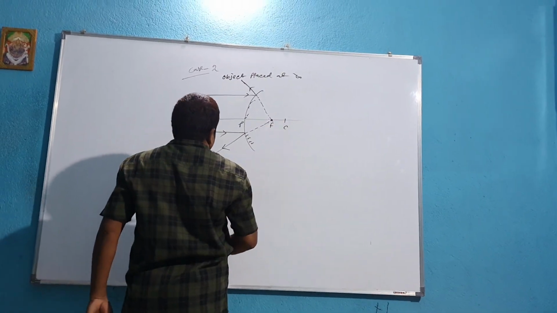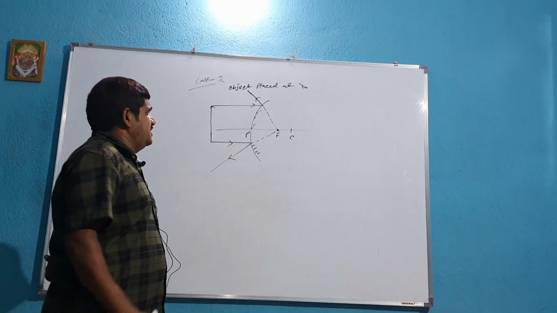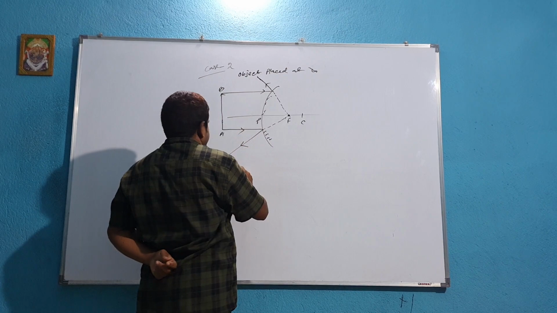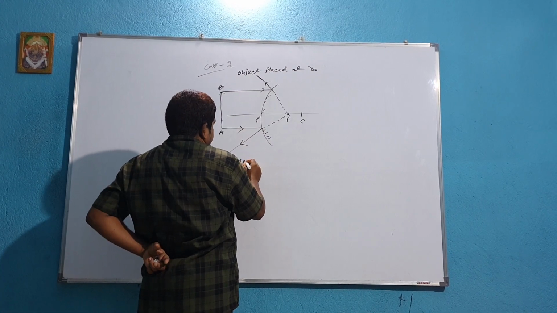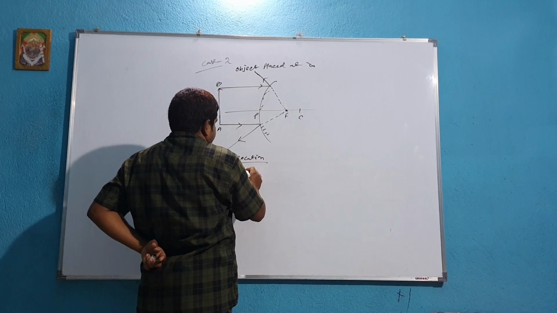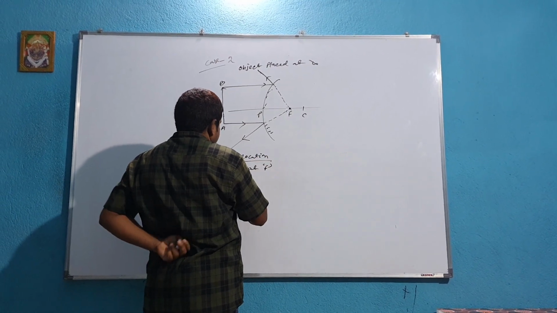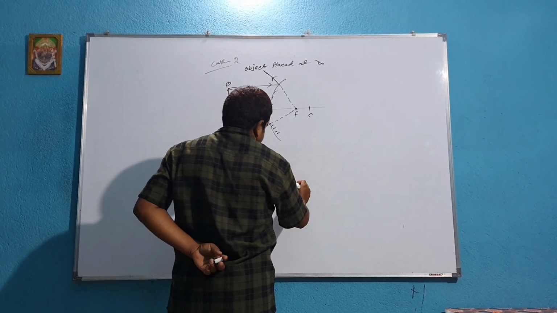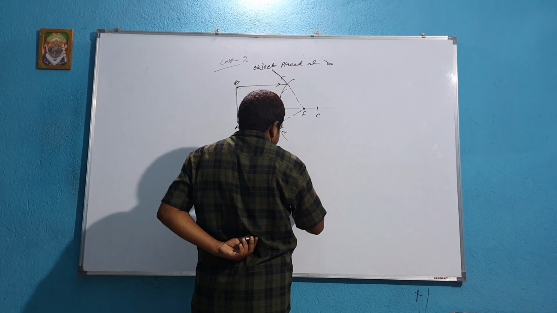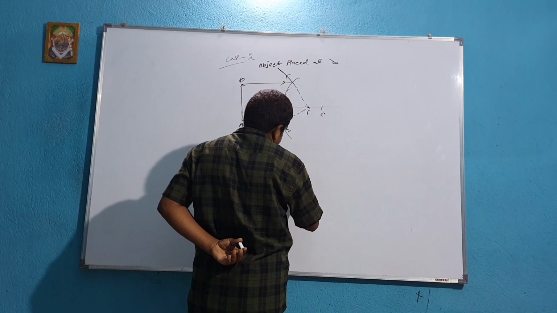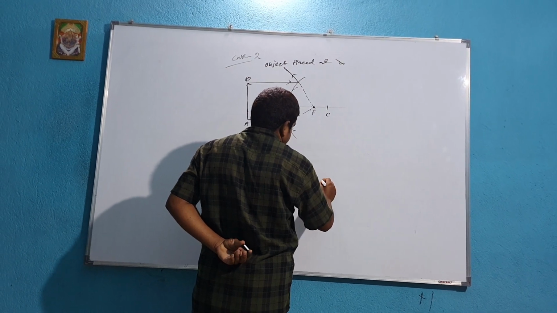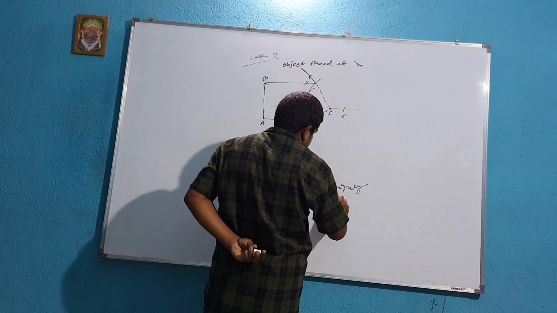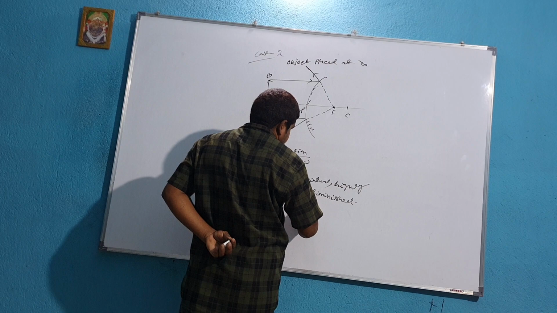So the image formed is very small, diminished, at the focus, virtual, highly diminished, point size.